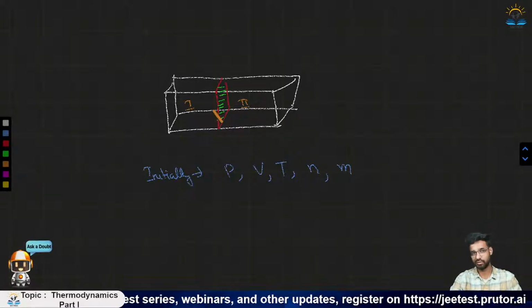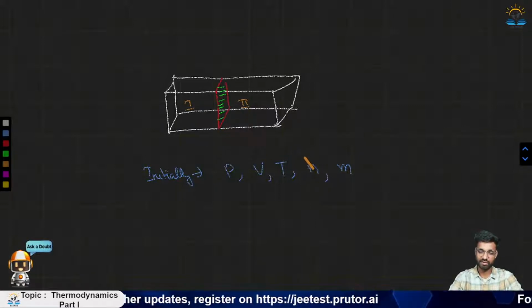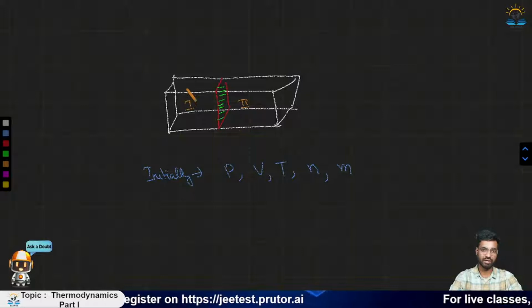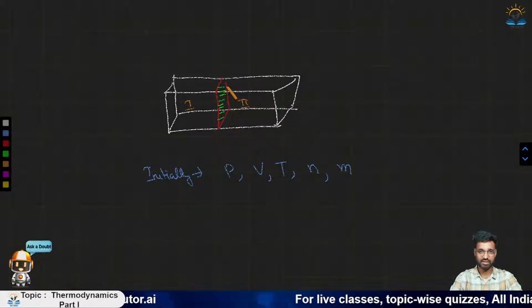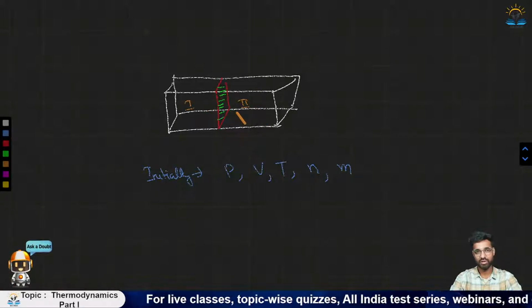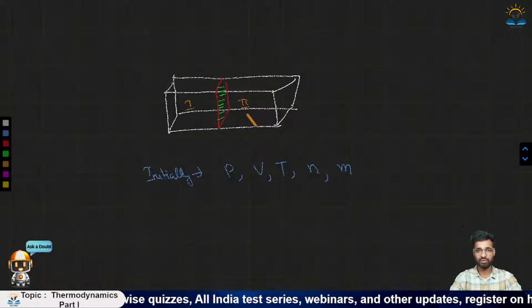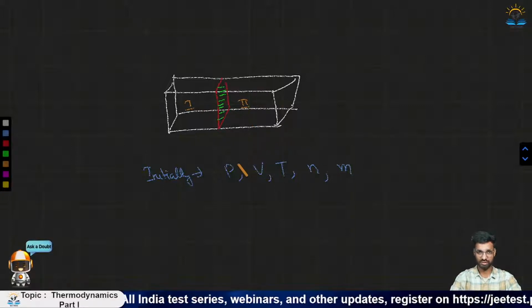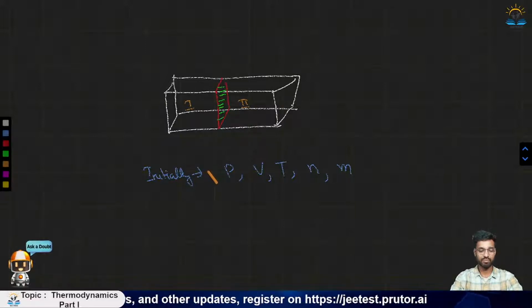It is obvious. You know that the volume is dependent upon the amount of substance and also the number of moles, because suppose in the total compartment there are 10 moles. Now if you put a barrier such that 8 moles go to this side and 2 moles go to this side, then after putting the barrier we have a different number of moles on both sides. Similarly for the mass, because number of moles is nothing but mass divided by molar mass.